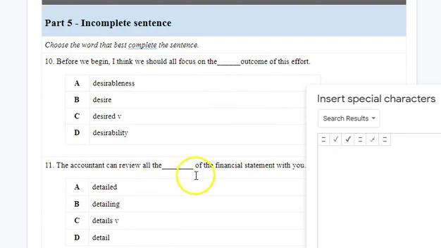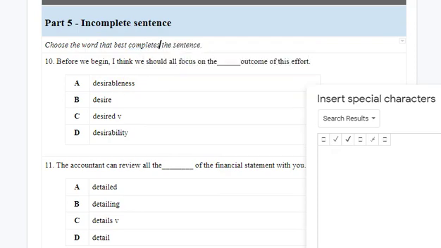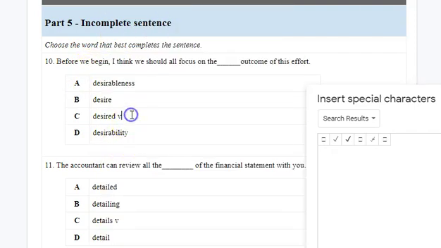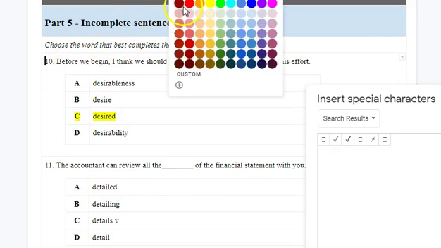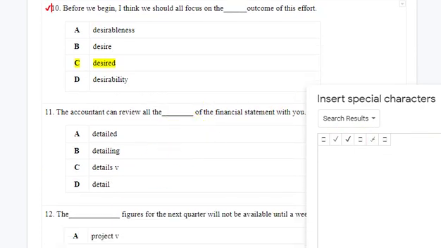So, choose the word that best completes the sentence. Read number 10 with your answer, okay? Before we begin, I think we should all focus on the desired outcome of this effort. Very good. Number 11.